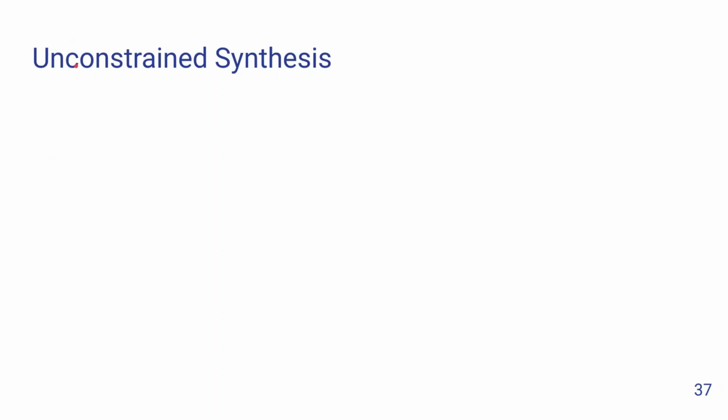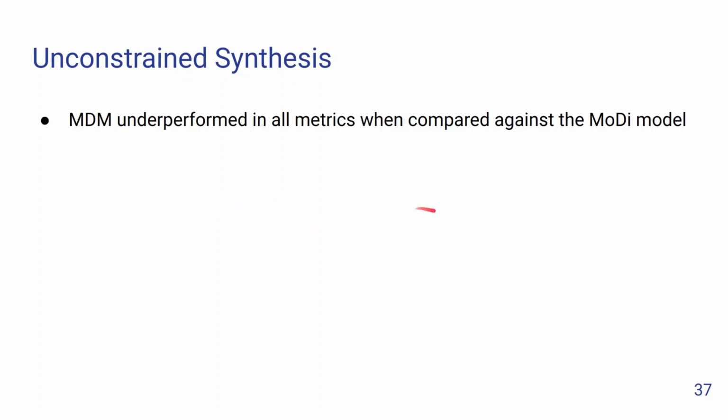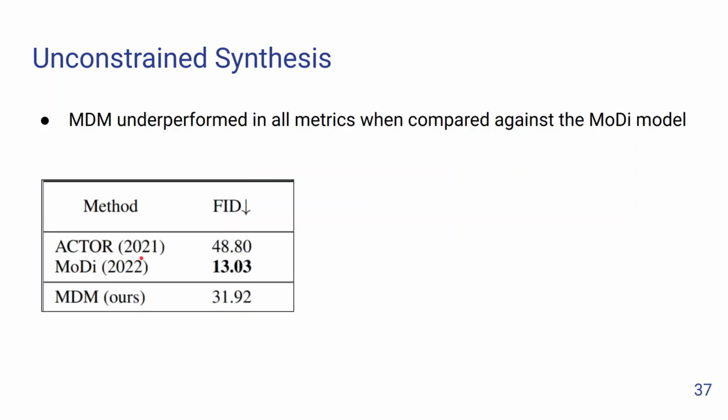For this final experiment, they ran the unconstrained synthesis, and unfortunately MDM underperformed in all metrics when compared against the MODI model. This was mainly because the authors designed their model to best fit conditional settings more than unconditional settings, so they view the conditional tasks as a higher priority than the unconstrained settings here.